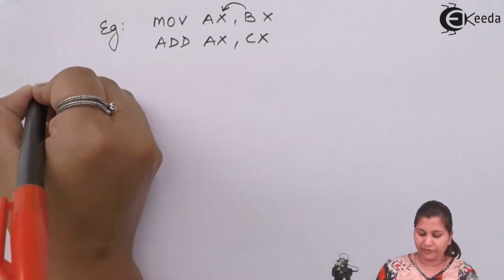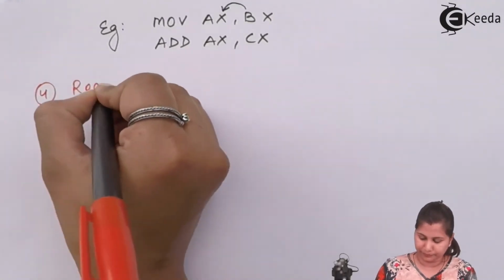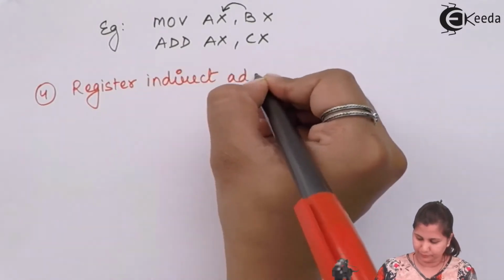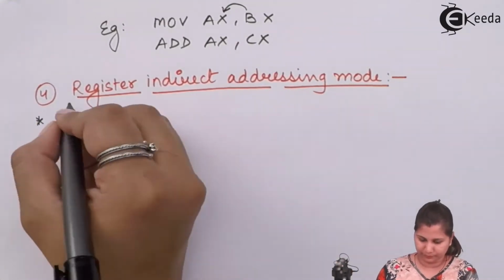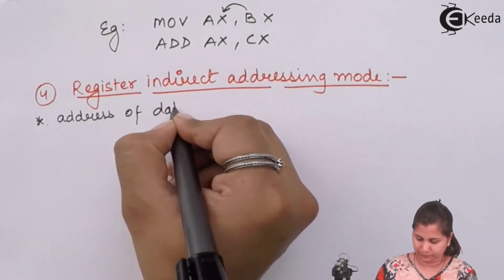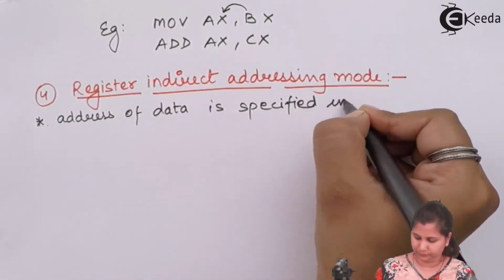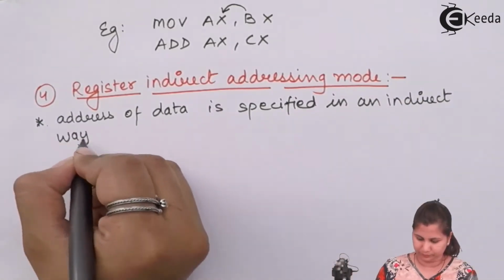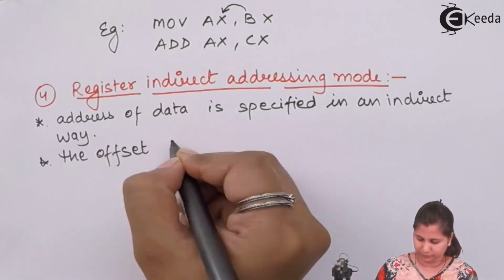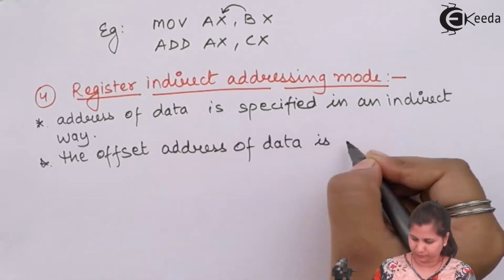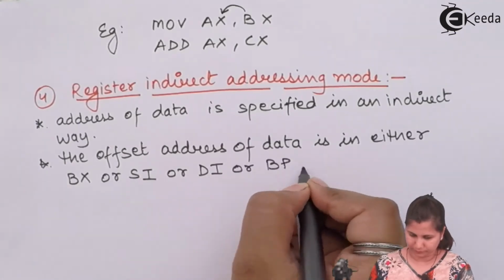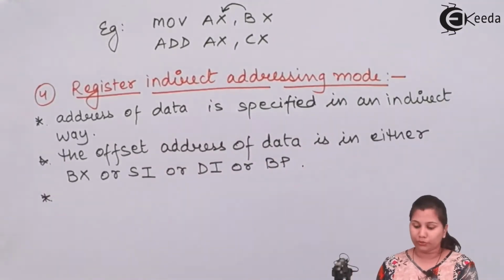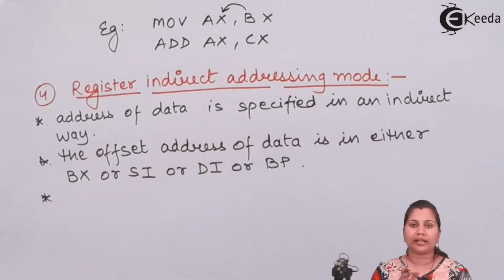Next type of addressing mode is the register indirect addressing mode. In the register indirect addressing mode, the address where the data is stored is specified indirectly.